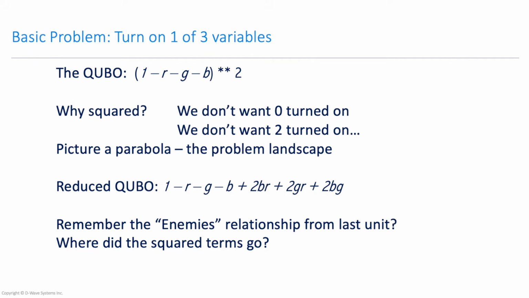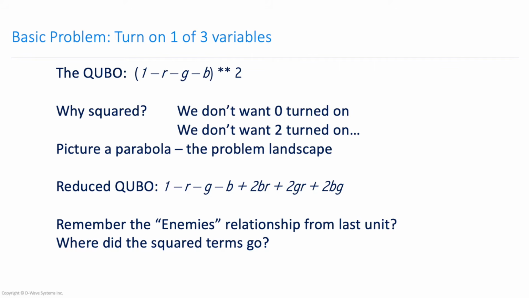And so picture in your mind a parabola, a curve that's higher on one side and higher on the other, and then has a minimum. The problem landscape, if I do that, then exactly 1 of these being turned on will be the minimum, and that'll be the minimum at 0 for the total. And you can just sort of think about that in your head. If I set R equal 1 and G and B to 0, then 1 minus 1 squared is 0. And that's what I want.